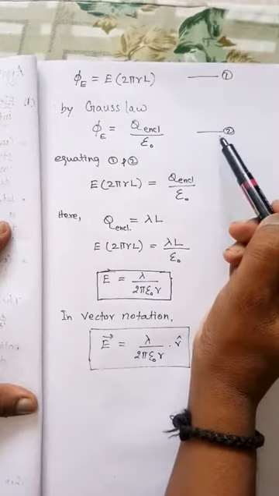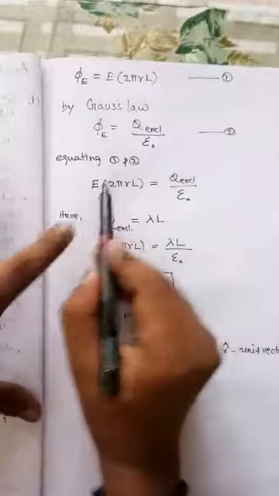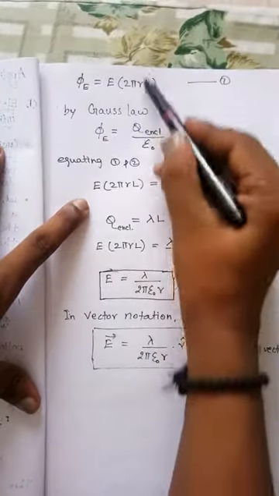Comparing 1 and 2, the left sides are equal, so E 2 pi r L is equal to Q enclosed by epsilon naught.